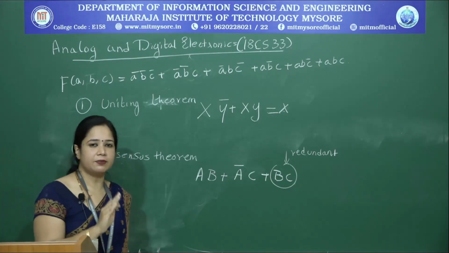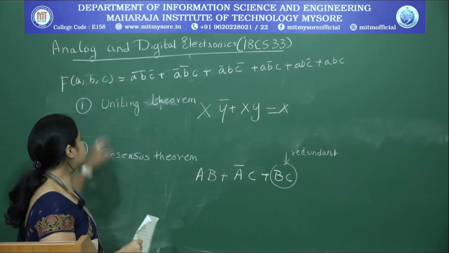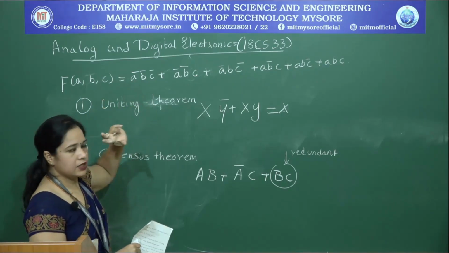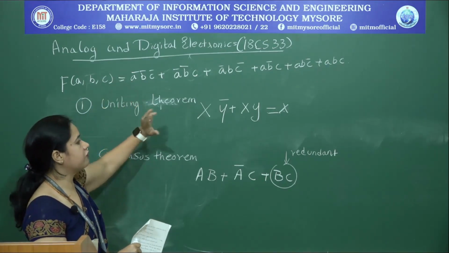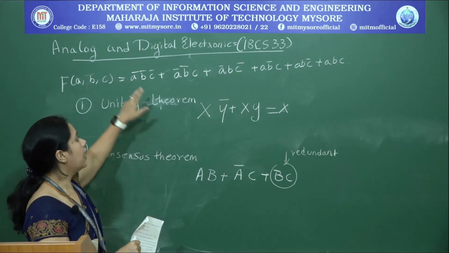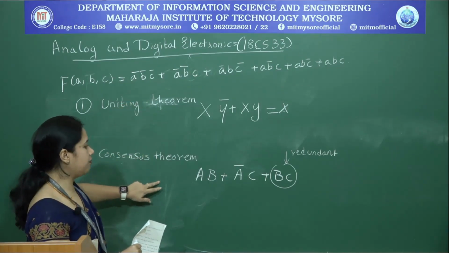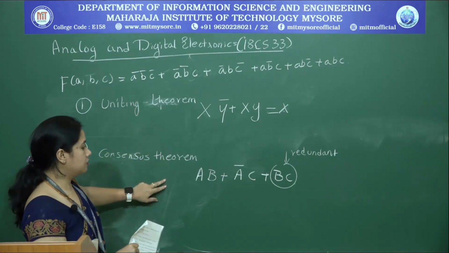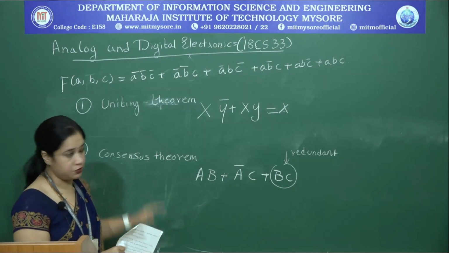So, in the generalized approach, we use the uniting theorem repeatedly on a given expression till we arrive at a point where further simplification is not possible, and then we look if we can apply the consensus theorem to the result of the first step to further simplify the expression.